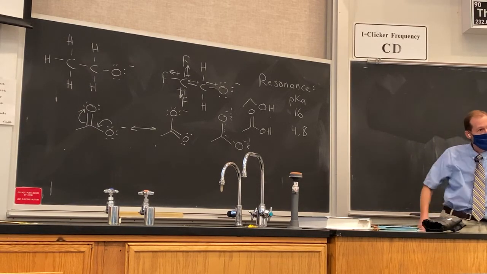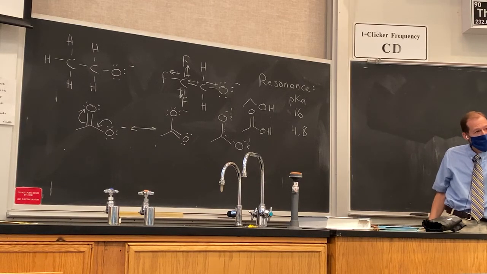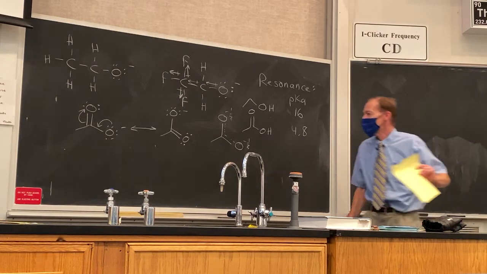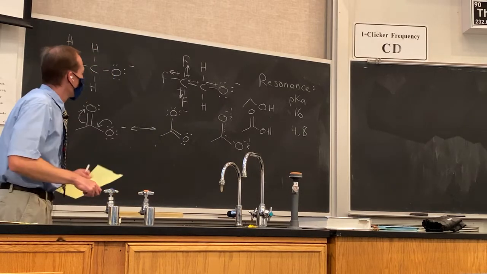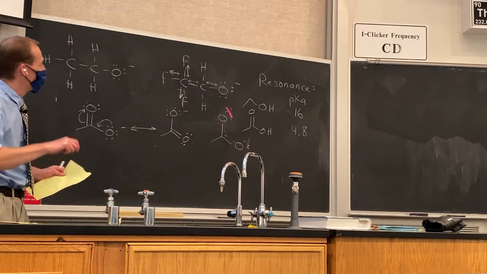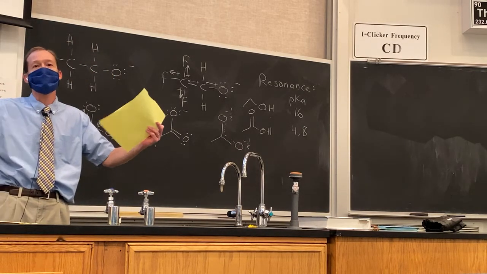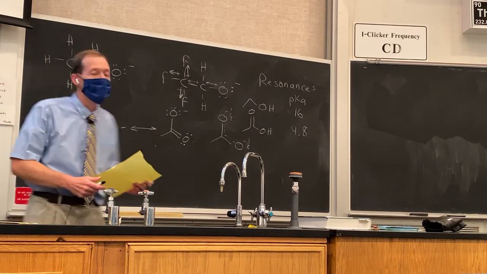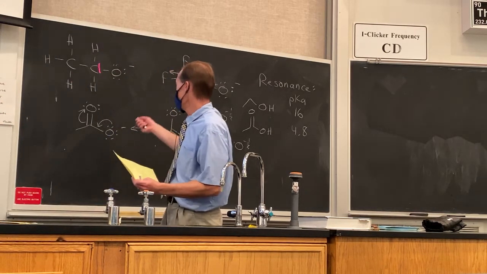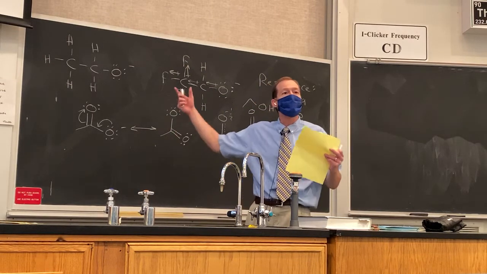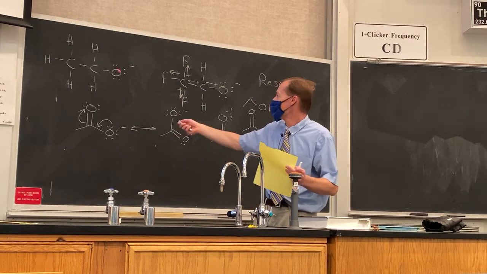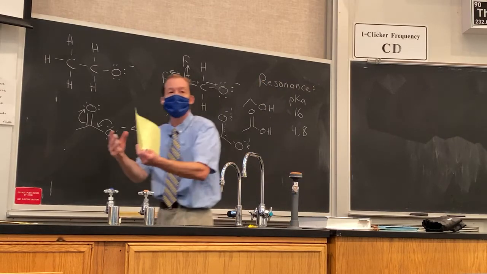Okay, question? Yeah, exactly. So the electron density, because of this resonance stabilization, the negative charge is shared equally by those oxygens. It's spread out over a much larger area than the negative charge in ethoxide, which we have right here. We cannot draw a resonance structure of ethoxide, so the negative charge here is just anchored on that oxygen.